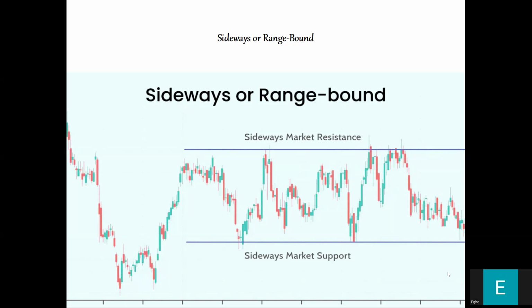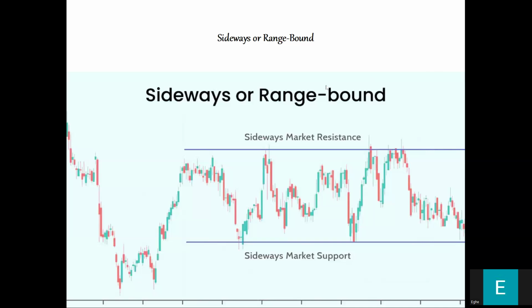If it breaks out below, it will come back to retest this range. Once the price is accepted, then you join and start coming down. If it breaks above, wait for price to come back to retest this level again. Then you can join to push the price to the upside.